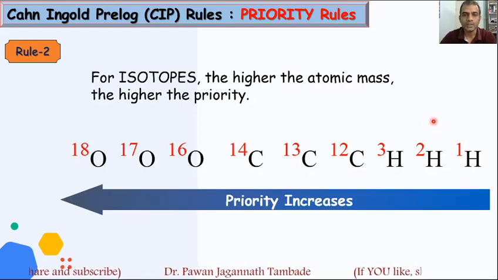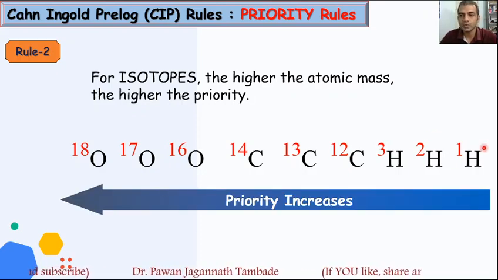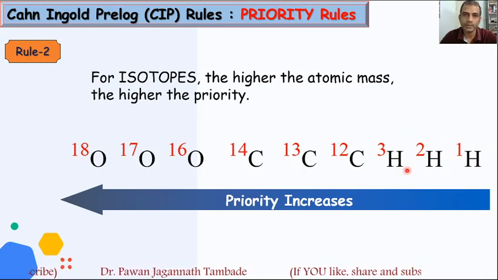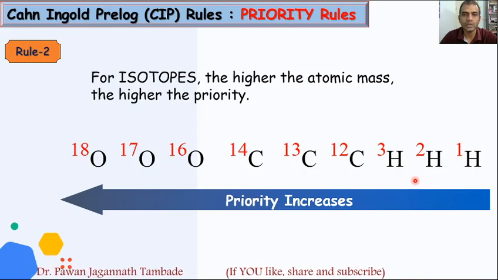So suppose a chiral center is attached to hydrogen and deuterium, then among hydrogen and deuterium, deuterium will get first priority.